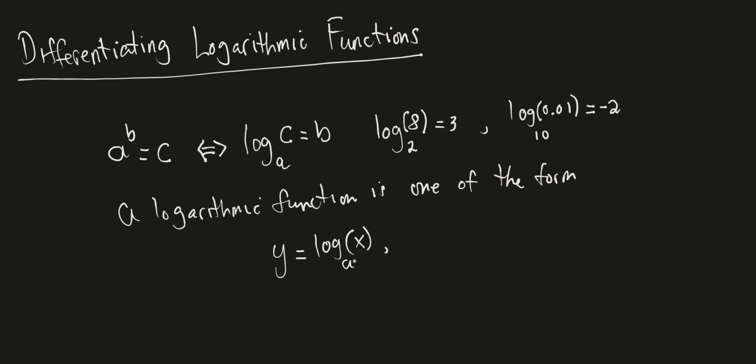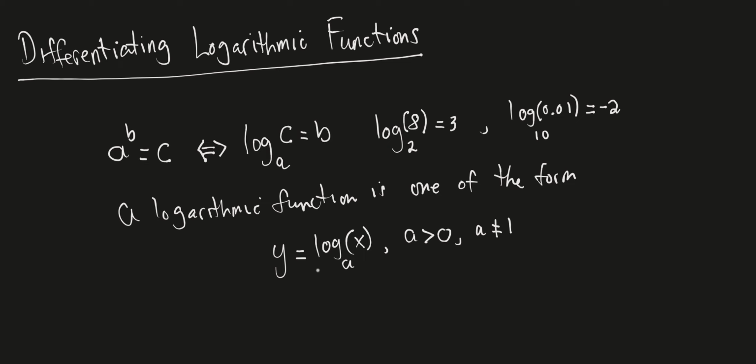It turns out the restriction on the base is exactly the same as the restriction in our exponential functions. You might remember the restriction is you can't have a negative base and your base cannot be equal to 1. So those restrictions that apply to exponential functions also apply to logarithmic functions, because of this direct relationship between them.